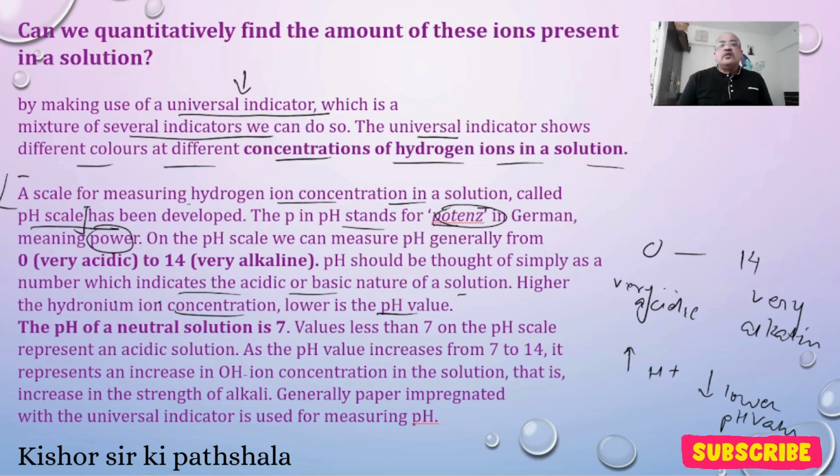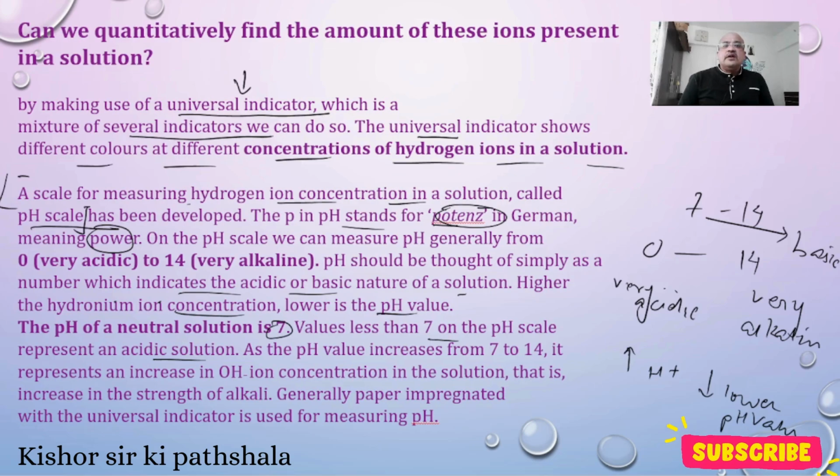Now let's see the pH of a neutral solution. Neutral solution is 7. A value less than 7 on the scale represents an acidic solution. The value increases from 7 to 14 and it goes to basic.